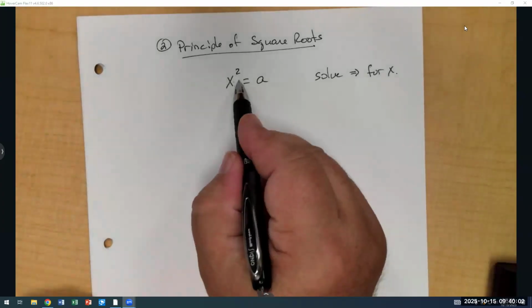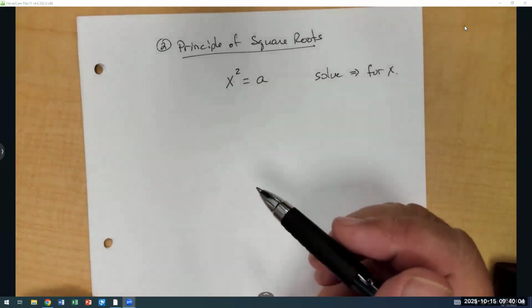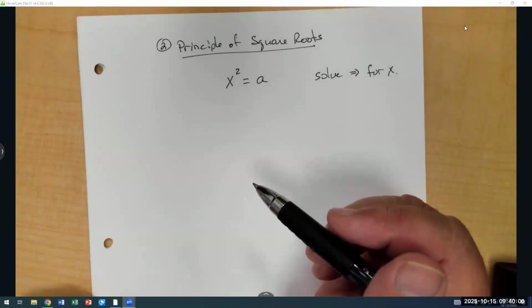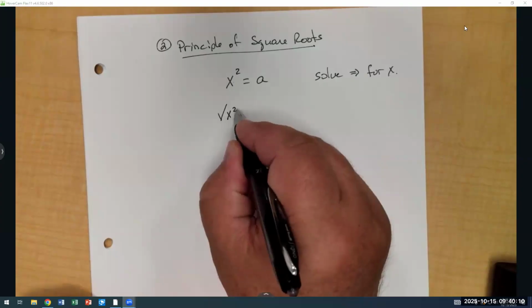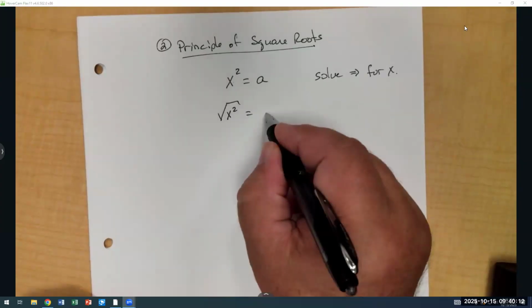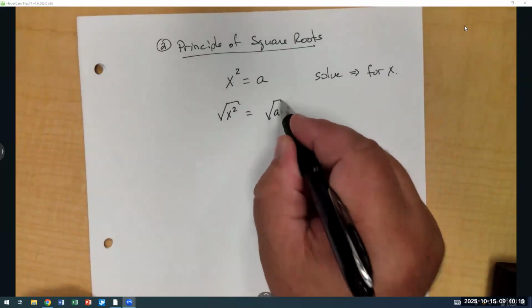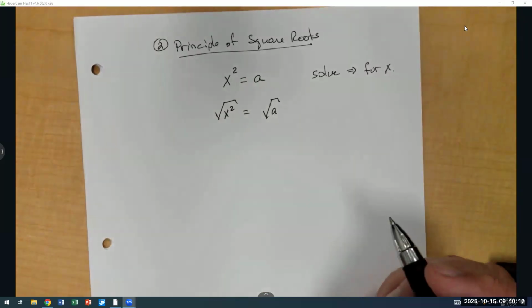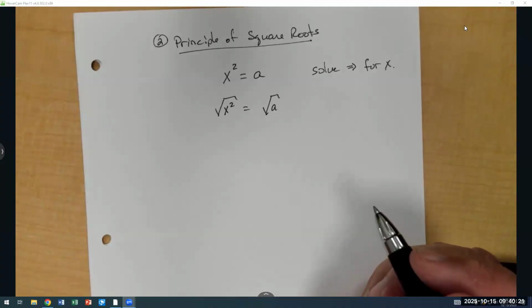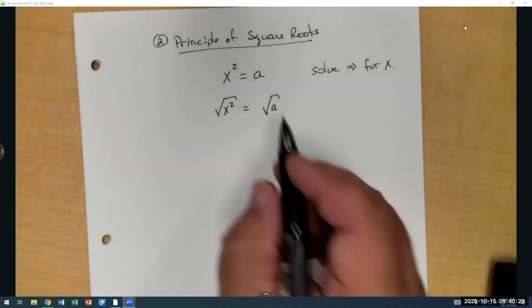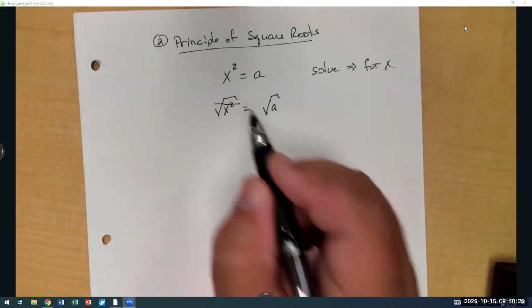So how do we get x by itself? You square root both sides. The square root and the square cancel each other out.